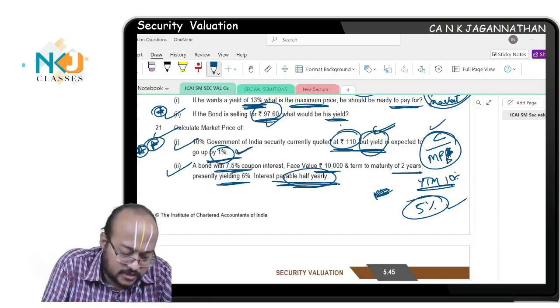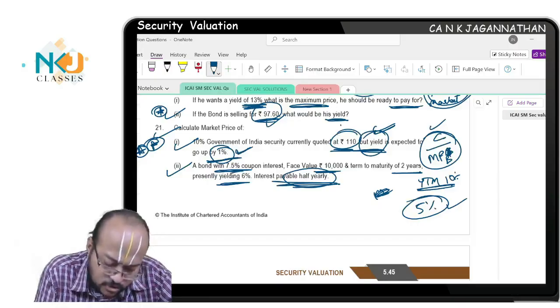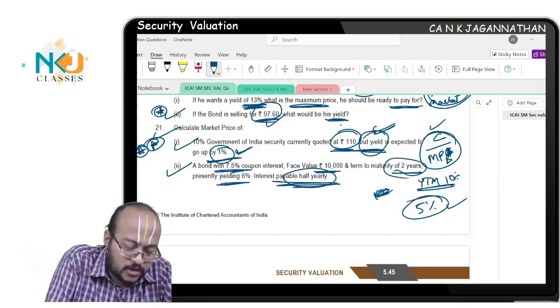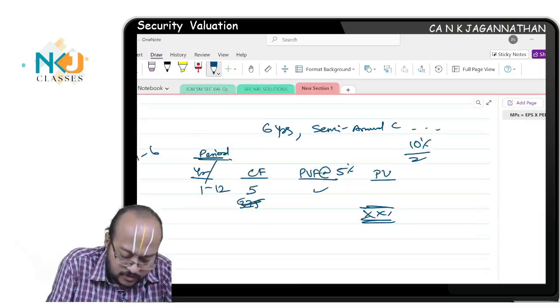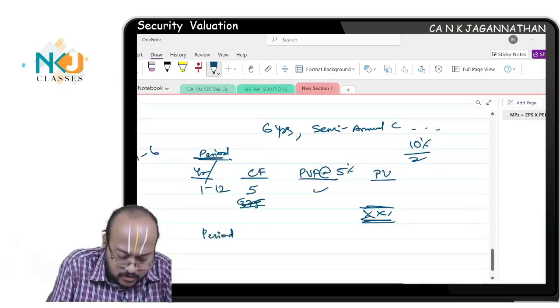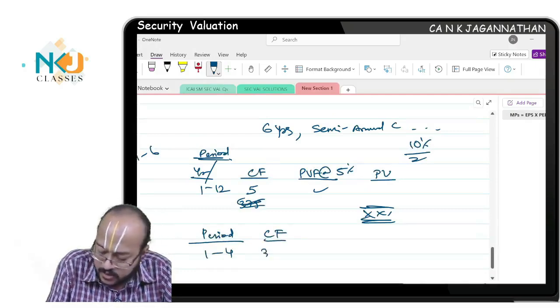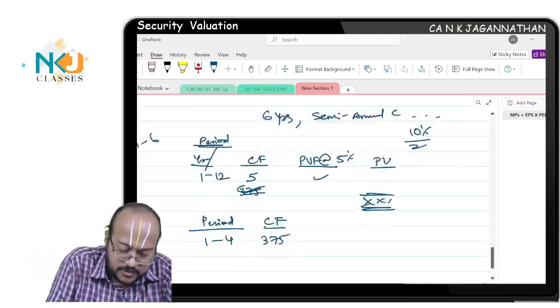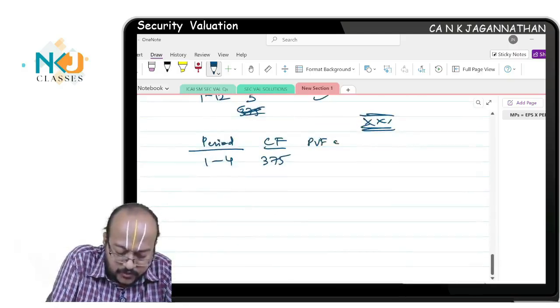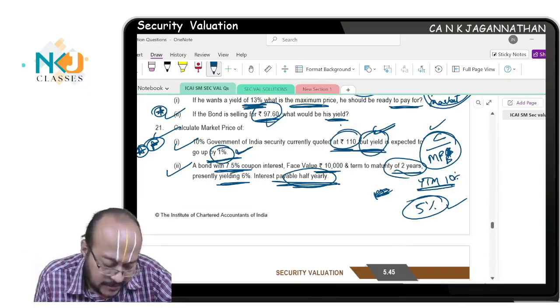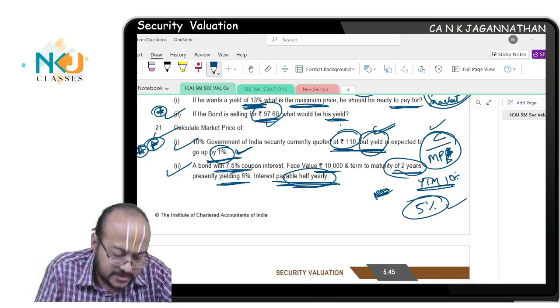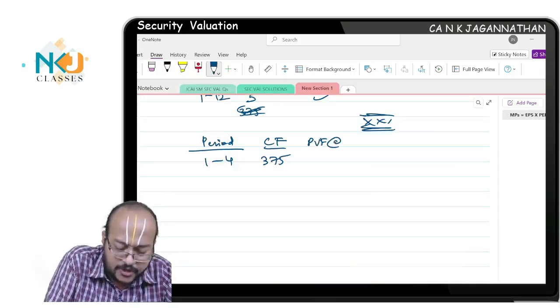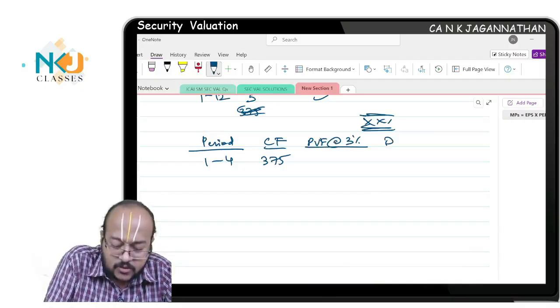Maturity is 2 years, so 4 periods, 1 to 4, cash flow 375. Present value factor: what is the yield of this instrument? 6%, so half-yearly it is 3%.